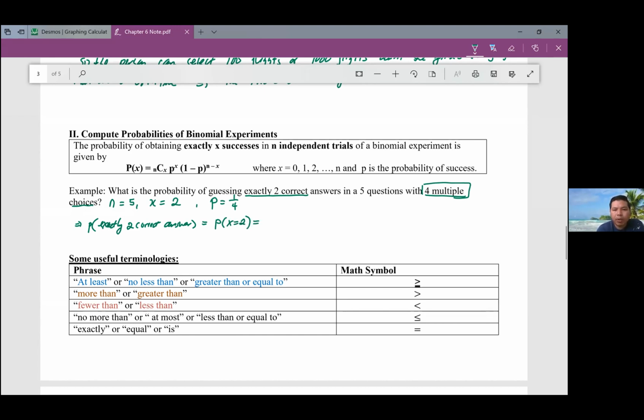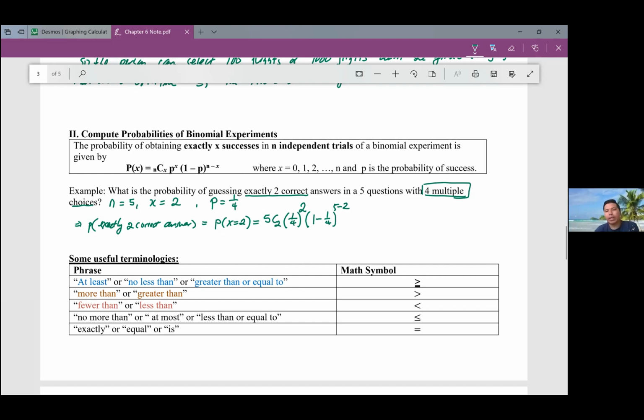So this will be 5C2 times 1/4 to the second power, and then (1 minus 1/4) to the 5 minus 2.